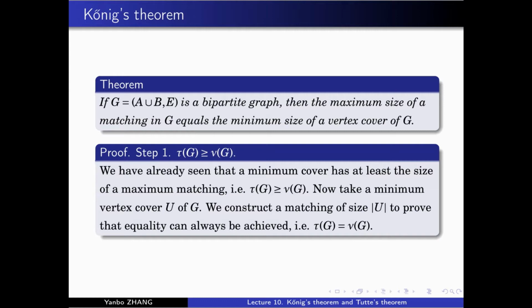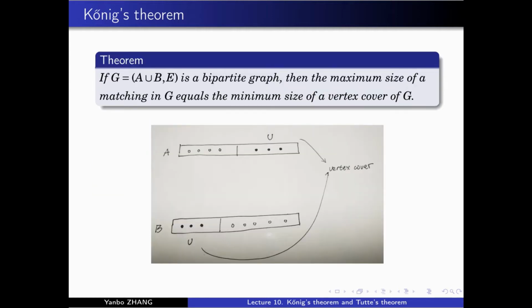That is, tau G is greater than or equal to nu G. Now take a minimum vertex cover U of G. We construct a matching of size U, to prove that equality can always be achieved, that is, to prove tau G equals nu G. Given a minimum vertex cover, it remains to find a maximum matching with the same size.